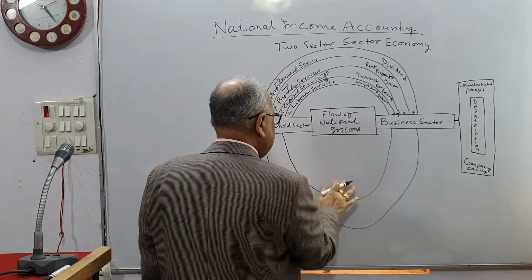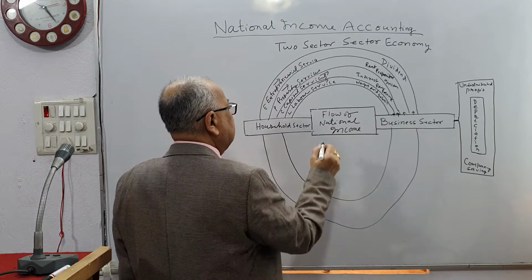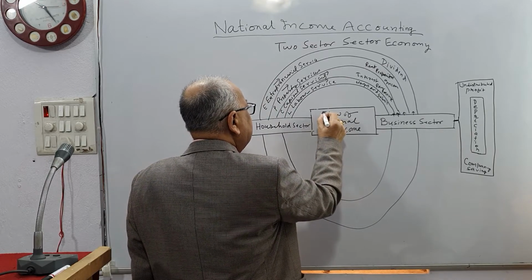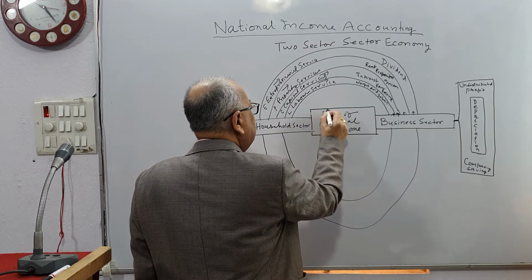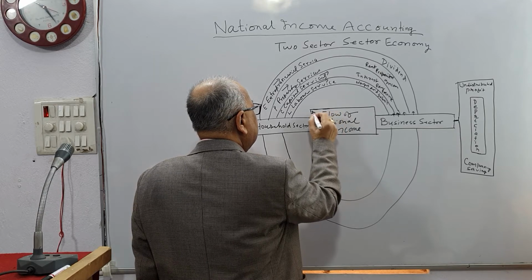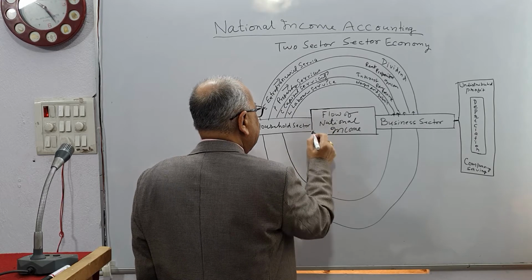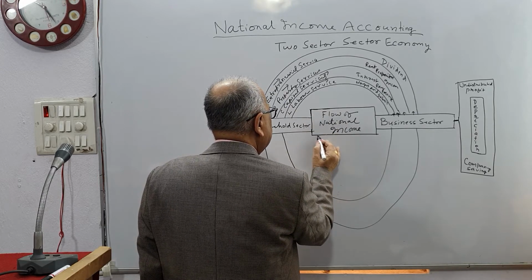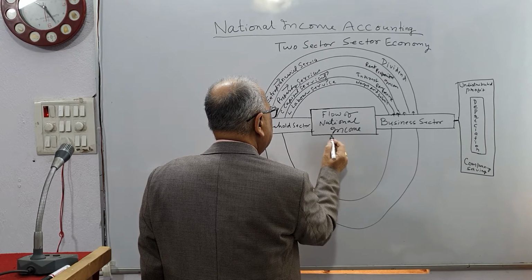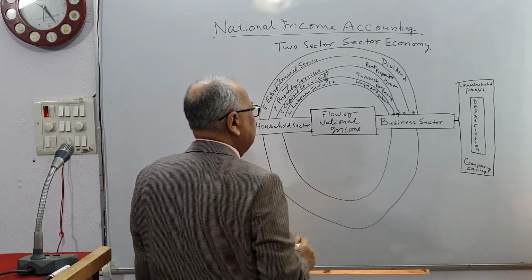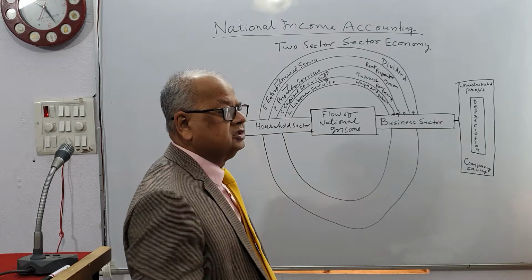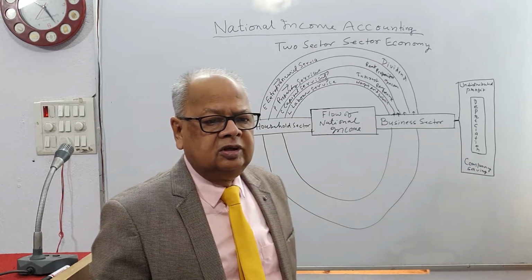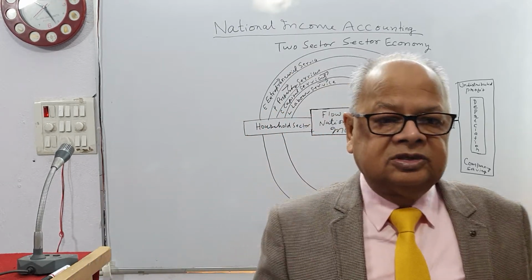So what we find out is that national income is generated by economic activity, and the business sector will receive factor services.